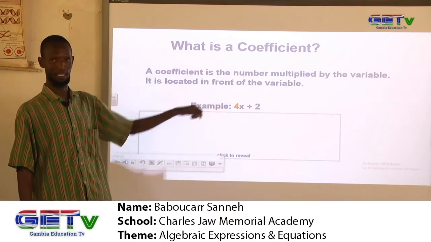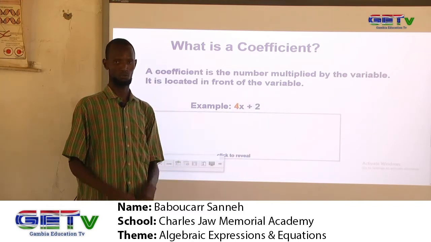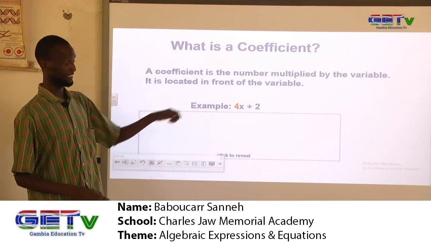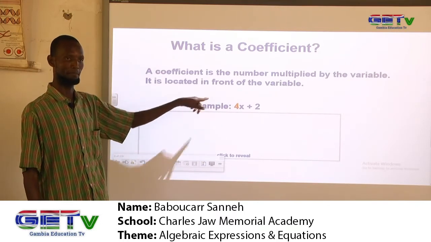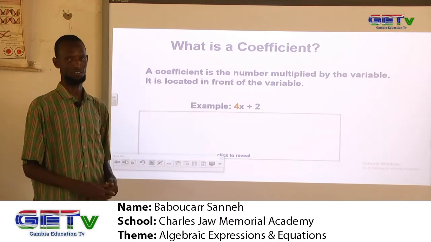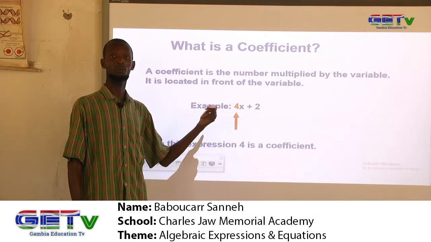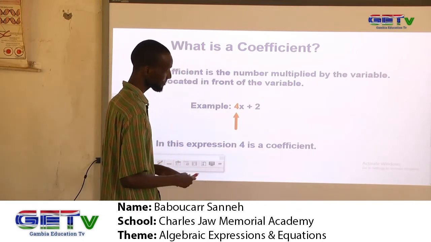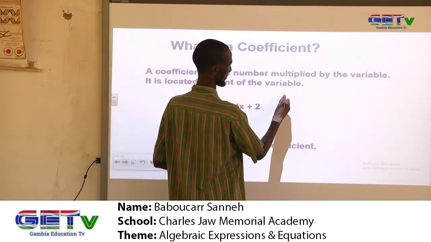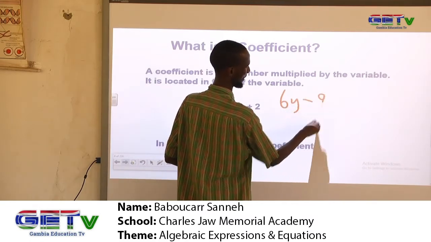But in this example here, where you have 4x plus 2, if you look at that, the variable is x, and the number that is being multiplied by that x there is 4. So therefore, in this case, 4 becomes your coefficient. Likewise, if I have 6y minus 9.